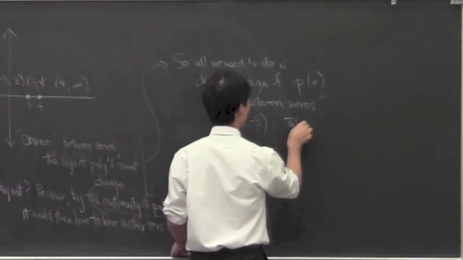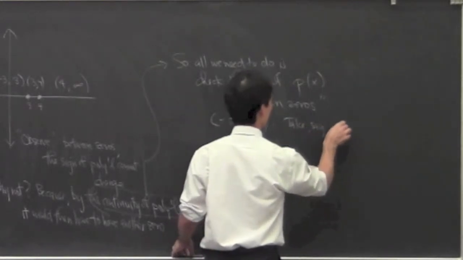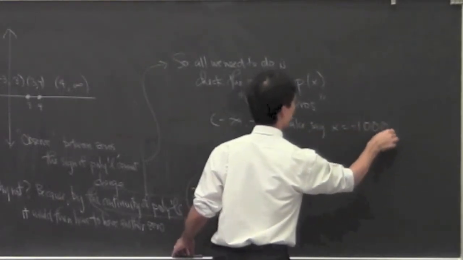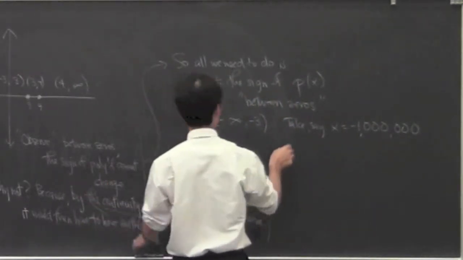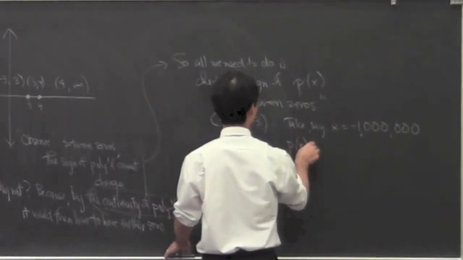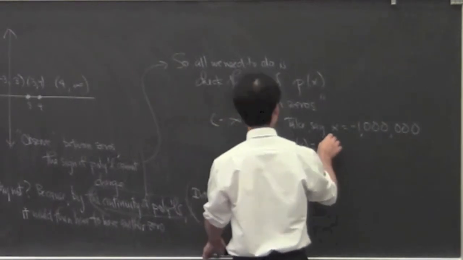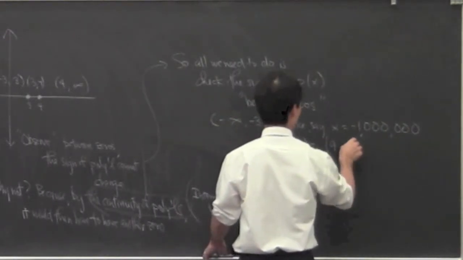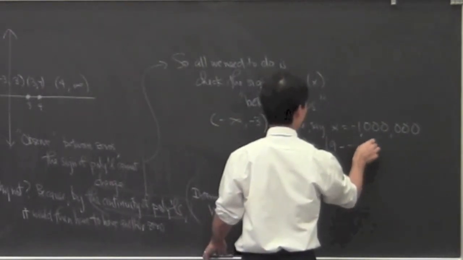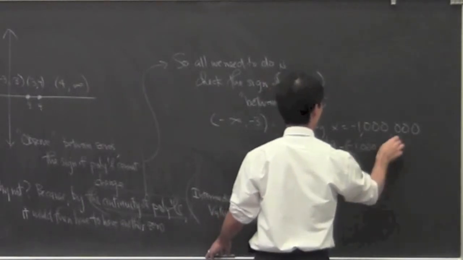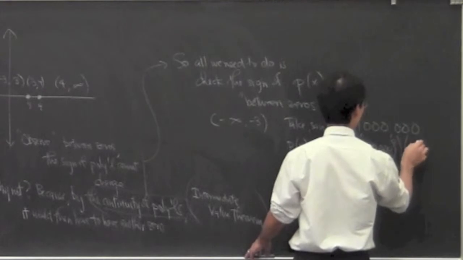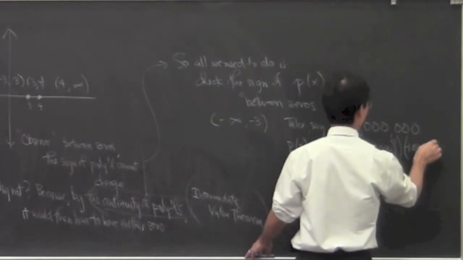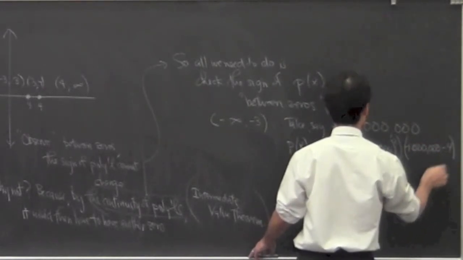Then P of x is 9 minus negative a million squared, times negative a million minus 4.